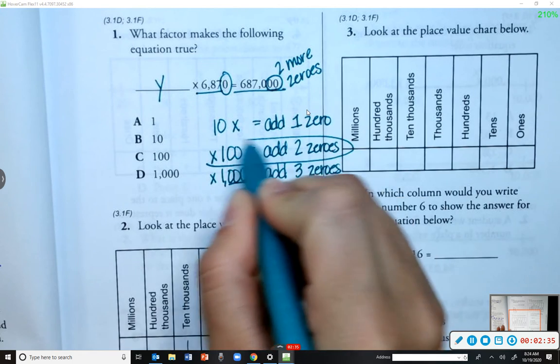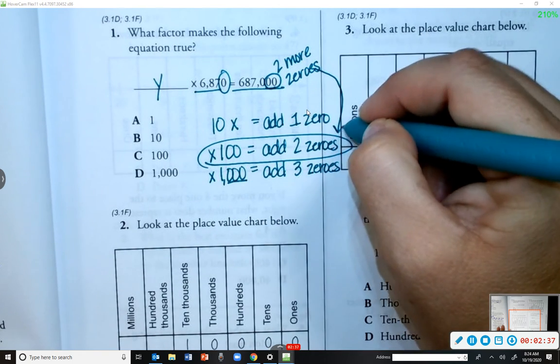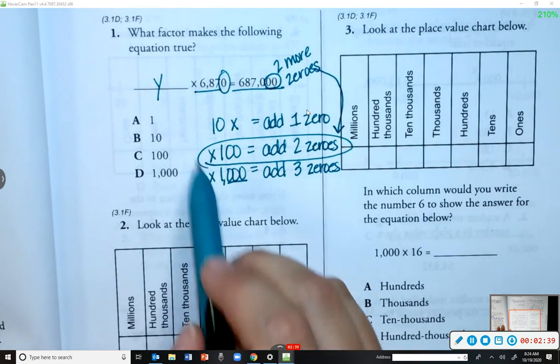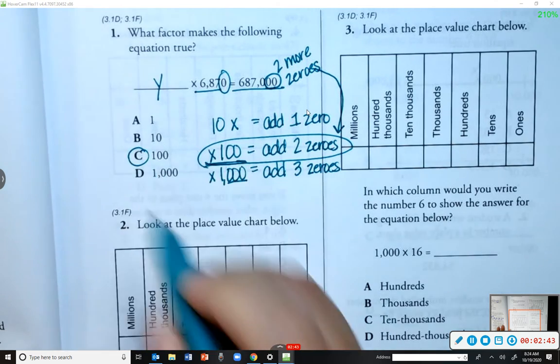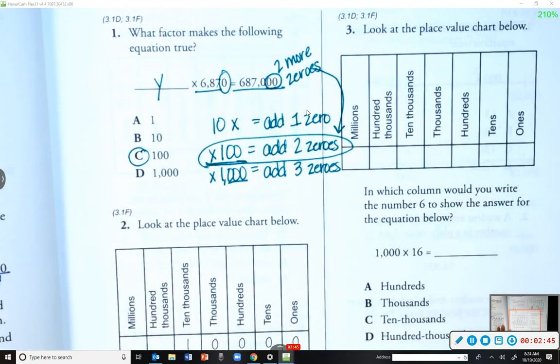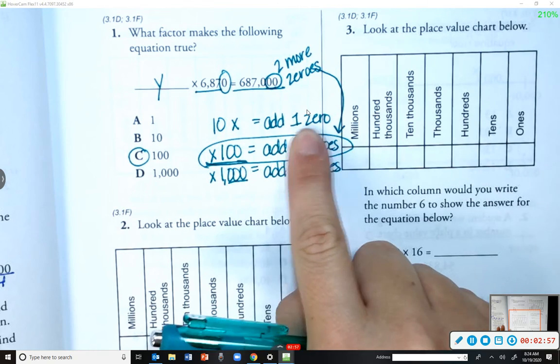We added 2 zeros at the end, so that means we multiply by 100. Okay, so C would have been your answer. So when you start learning your tens facts, every number you multiply by 10, all you need to do is put 1 0 at the end.